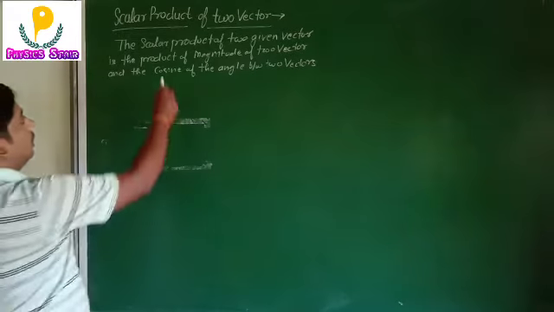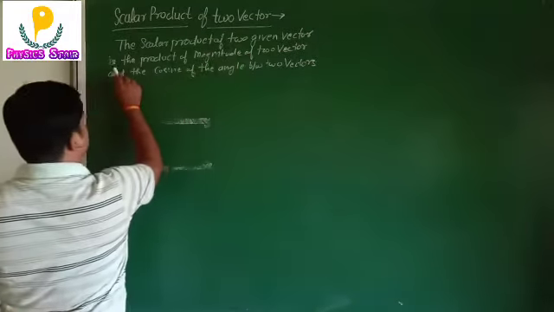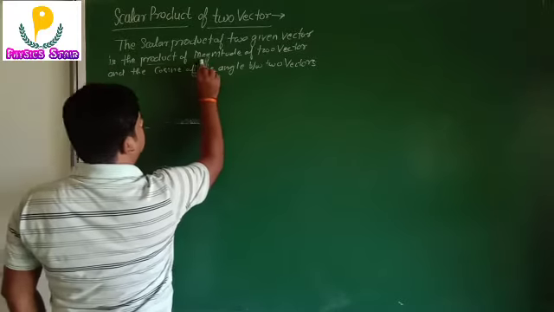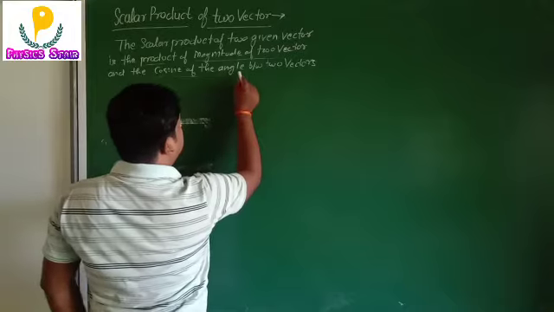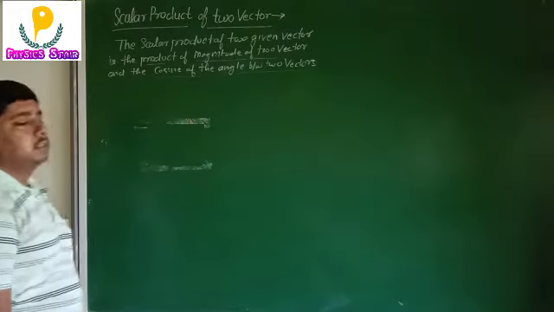Okay, the scalar product of the two given vectors is the product of the magnitude of the two vectors and the cosine of the angle between the two vectors.